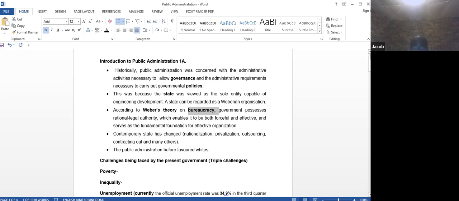The word bureaucracy itself means that the state officers are the ones that make decisions on behalf of the public, which means they do not consult the people, they just make decisions. If the decisions are bad, it means the administration of the public resources is also bad.